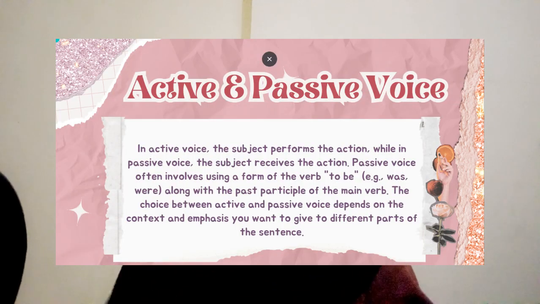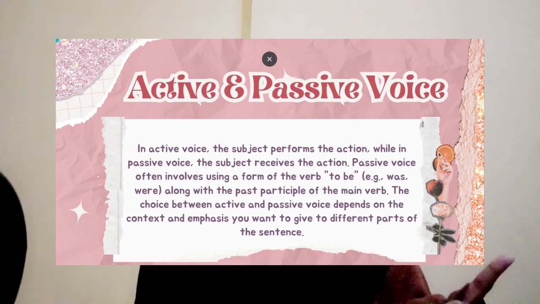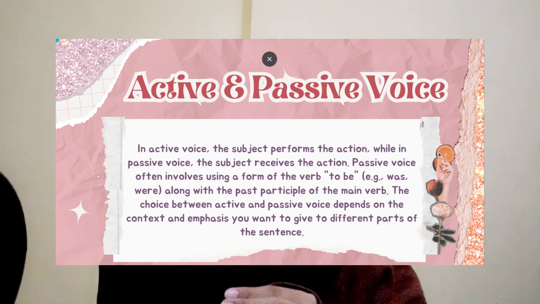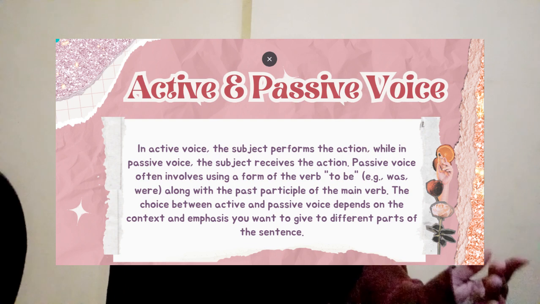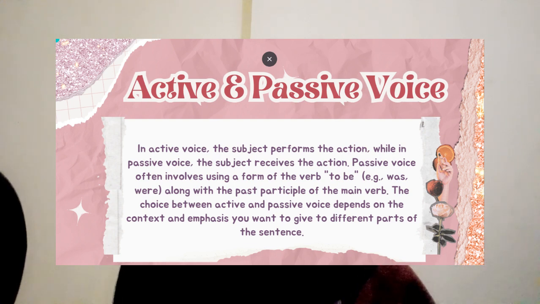Okay, we are going to move to the next material. Oh, I forgot. There is additional information about active and passive voice. In active voice, the subject performs the action, while in passive voice, the subject receives the action. Passive voice often involves using a form of the verb to be, for example, was and were.